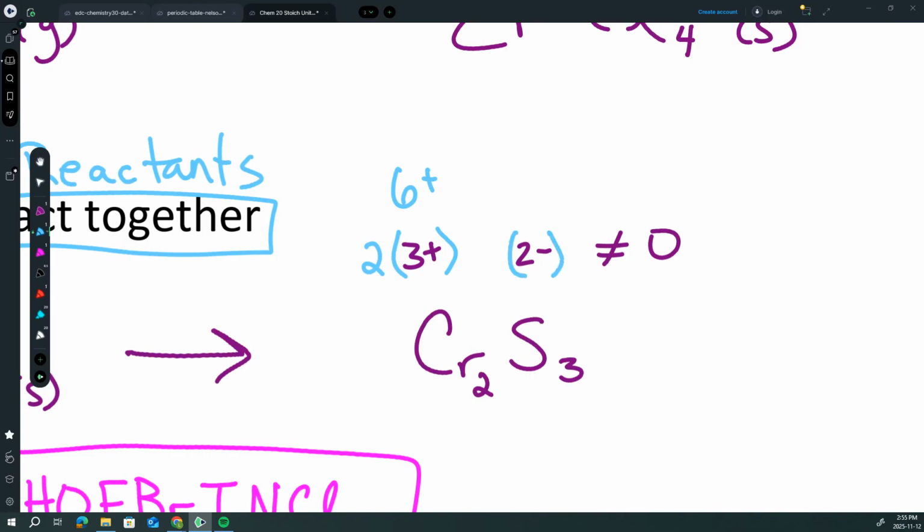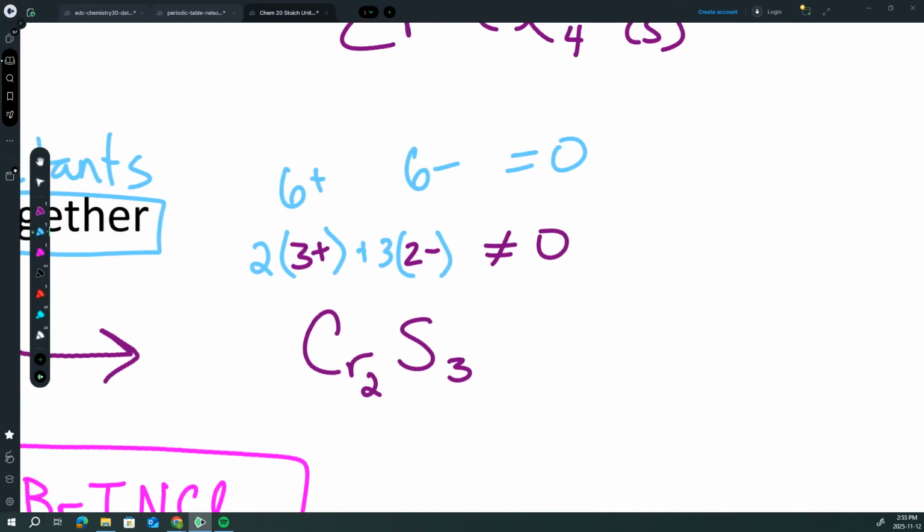And then for sulfur, since we have 3 times the 2 negative charge of each of those sulfurs, that's going to give us -6 or 6-, whatever you want to call it. Okay, so 6 minus 6, that is equal to 0. So that's how the crisscross applesauce strategy works.